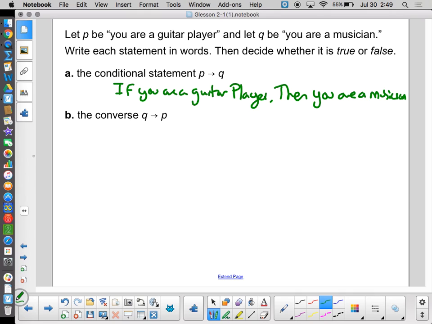That would be the statement. Would that be true or false? Well, I would consider that a true statement, because if you're playing guitar, you're playing a musical instrument, and by definition, a musician is one who plays a musical instrument. So I would say that's true.